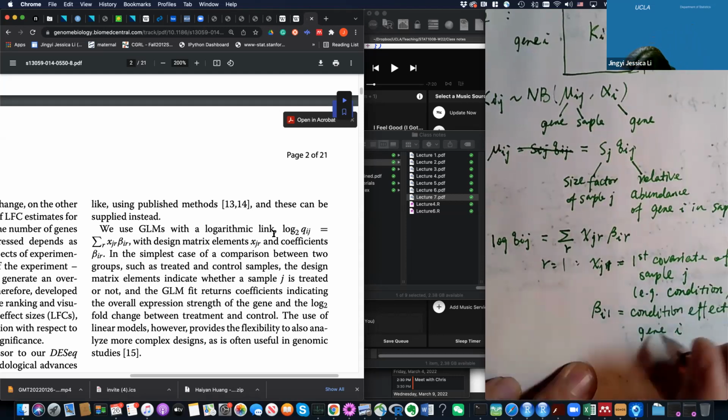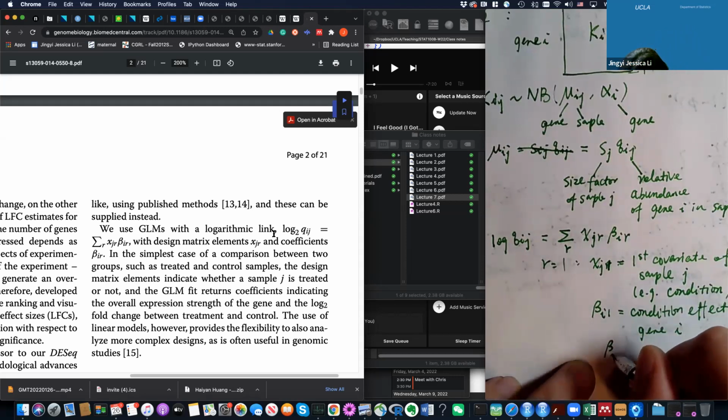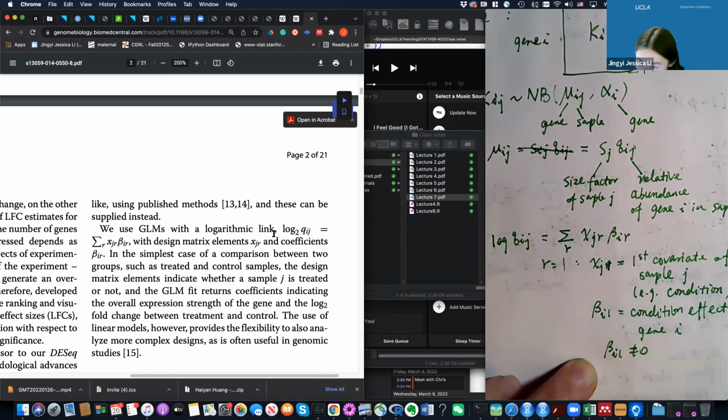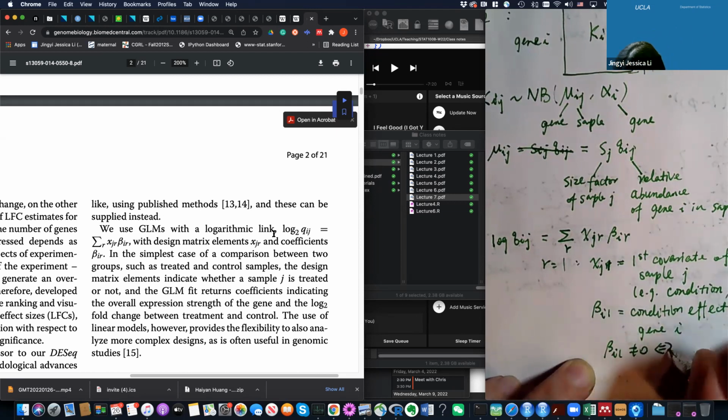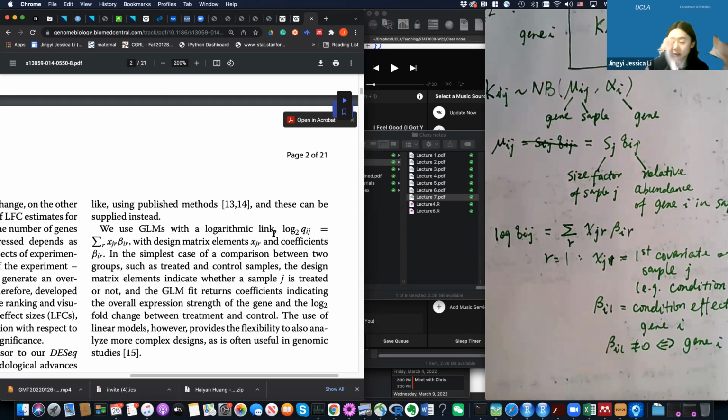With this formulation, beta i1 not equal to 0 is equivalent to saying that gene i is DE. So that's why, using GLM, you have a powerful framework to do DE analysis.